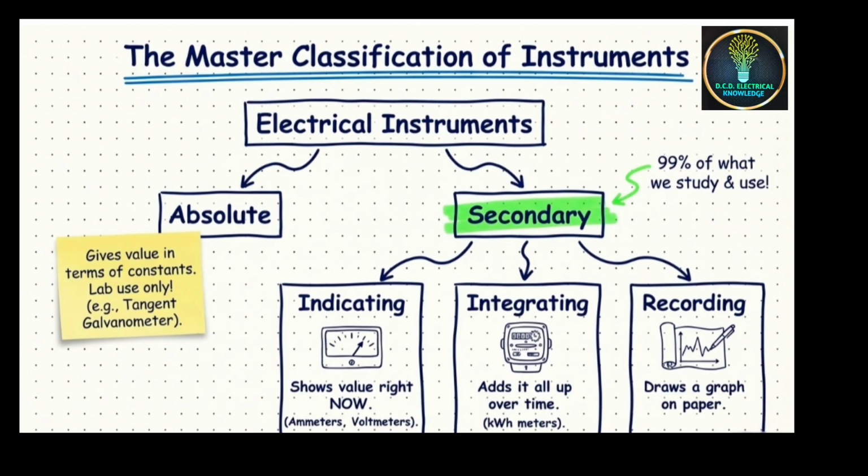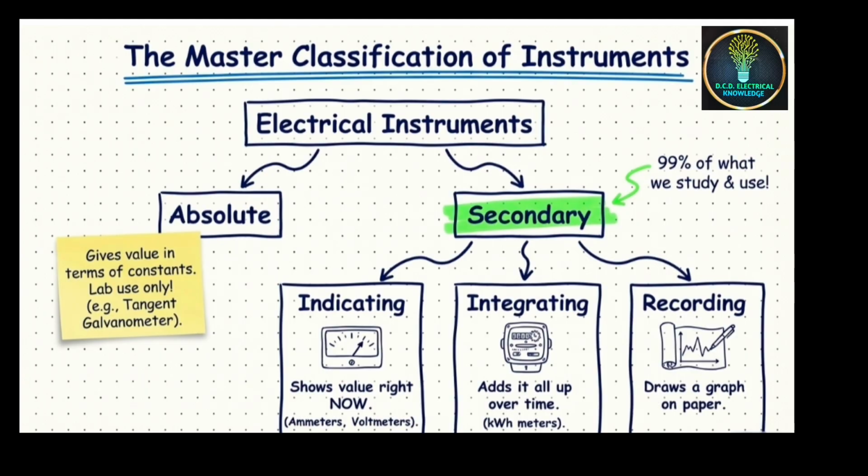The master classification of instruments. Electrical instruments are basically two types: absolute and secondary.